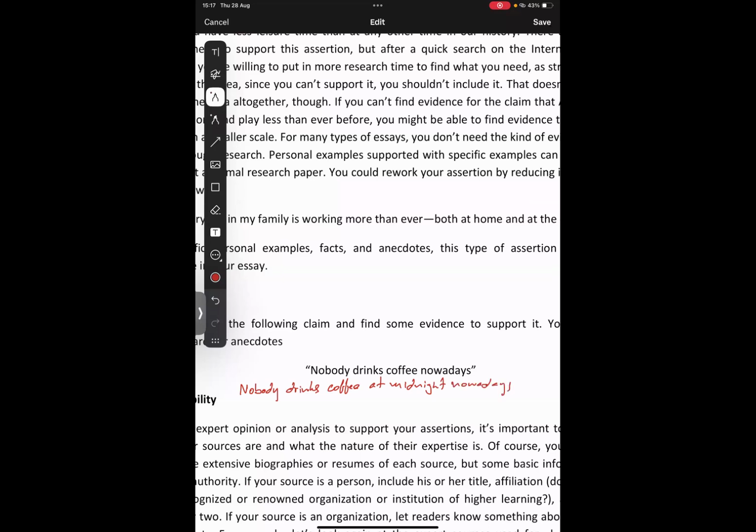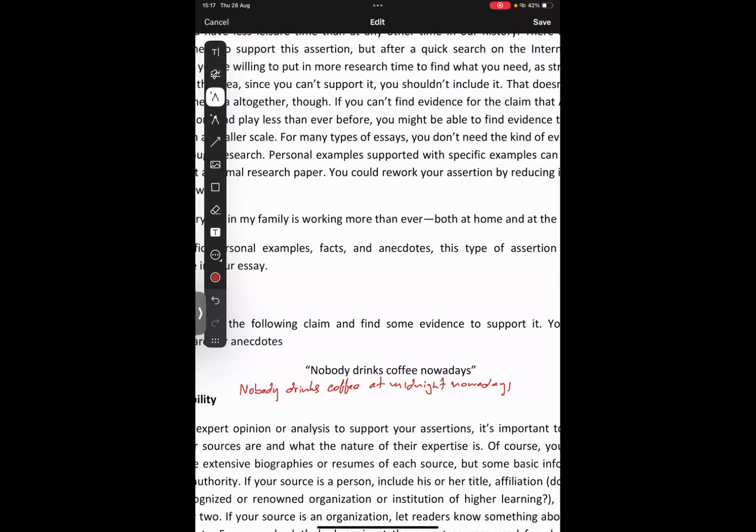Okay. I know that this statement is not 100% convincing because there may be some hardworking student who probably drinks coffee at midnight just to stay awake, to do study. But this is clearly more acceptable than the previous statement, because the previous statement makes a generalization for everyone, right?